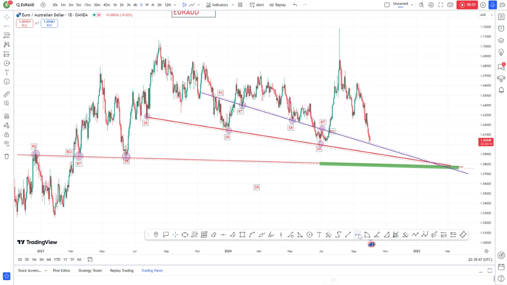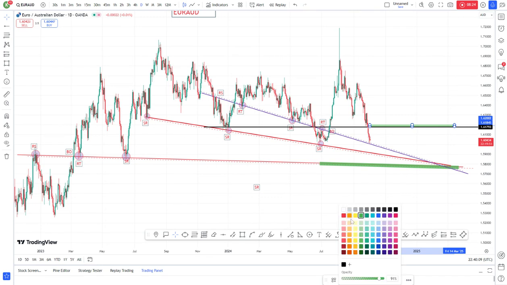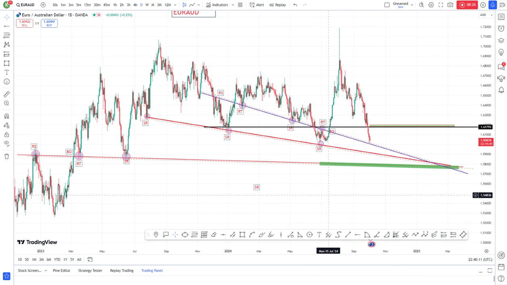And to the upside, we have a temporary daily rejection at this level, where you may begin to see further sell. You begin to see further sell at this zone. So I would like to label this red since we are selling, and use green since we are buying.